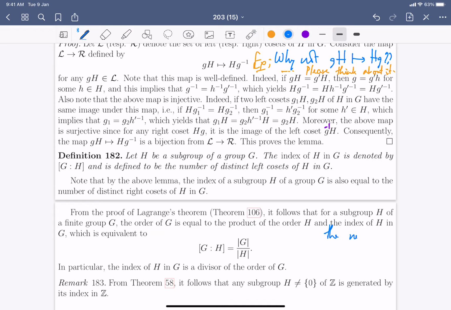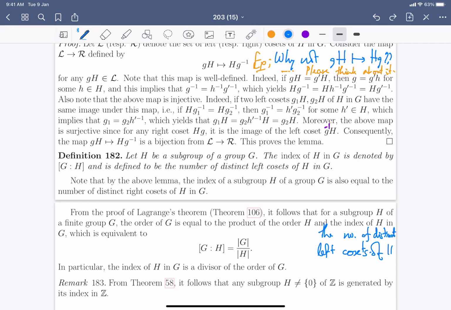We have shown that the order of G is equal to the product of the order of H and the number of distinct left cosets. I left it as an exercise to use right cosets in order to have an apparently different proof of Lagrange's theorem.